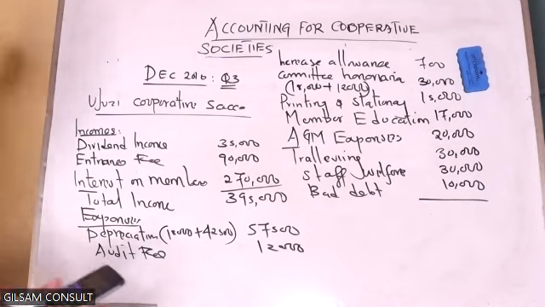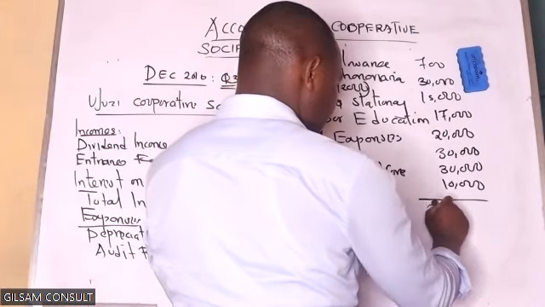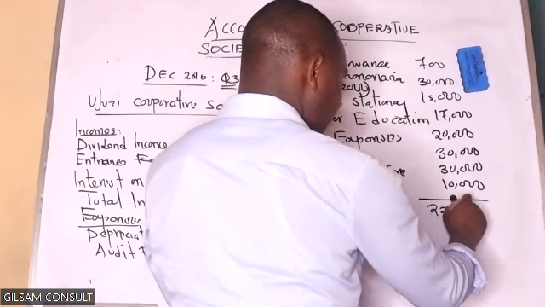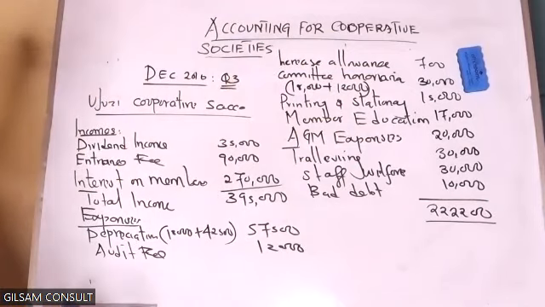I'm getting 222,200. That is the total expenses.